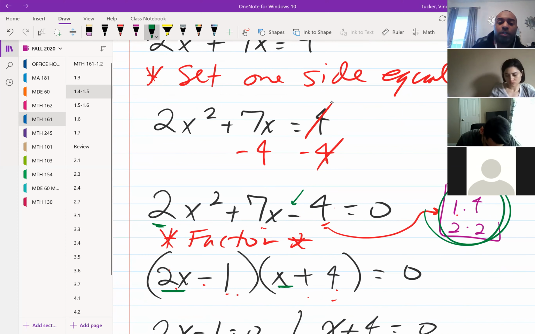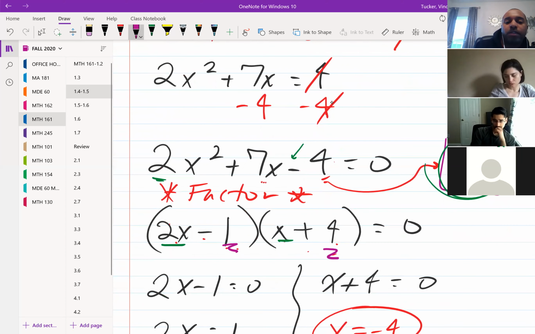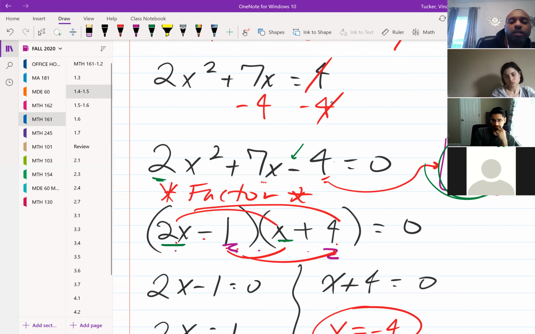Those are our choices to put back here. I did 1 and 4 because we're trying to get 7 in the middle. If I multiply this expression back out, 2x minus 1 times x plus 4, it gives me this expression right here. So don't forget, you just distribute, and you'll get your trinomial back.